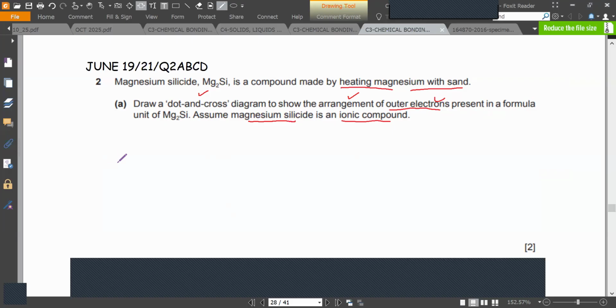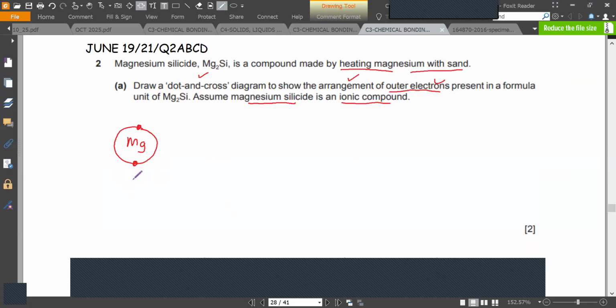Magnesium is group 2, so it has 2 outer electrons. We have 2 magnesium, Mg2. Silicon is in group 4, so it has 4 outer electrons.